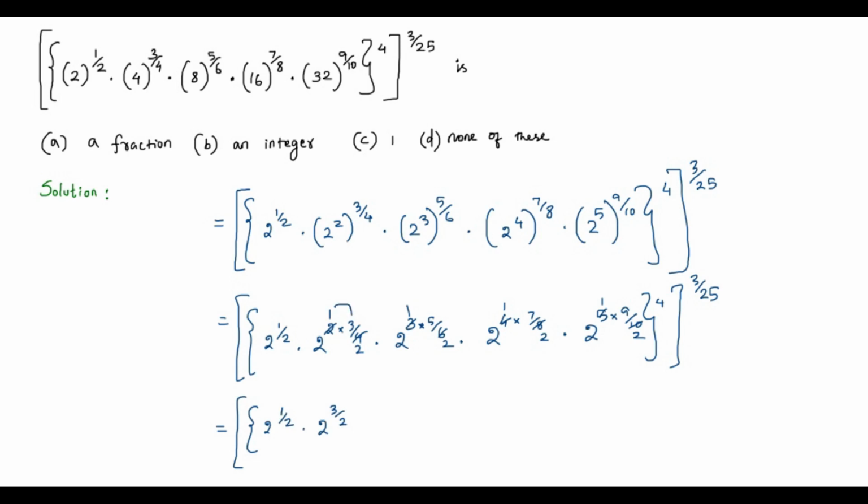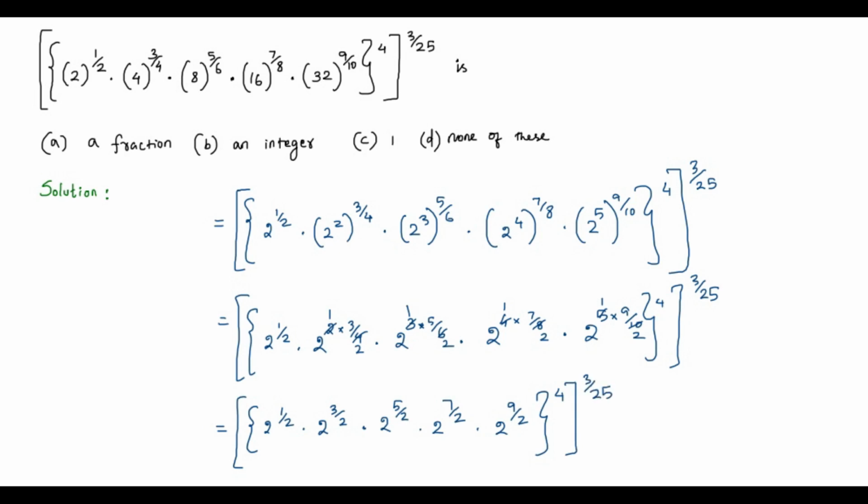Here when I multiply 1 and 3, I will get 3, and there is denominator 2, and the same thing we can do for the other terms, and I get 2 to the power of 5 by 2, 2 to the power of 7 by 2, 2 to the power of 9 by 2, whole to the power of 4 again to the power of 3 by 25.